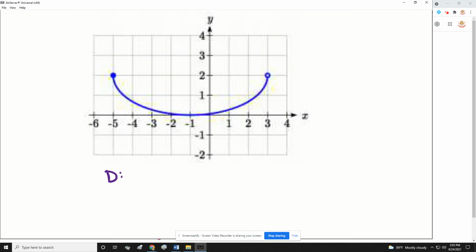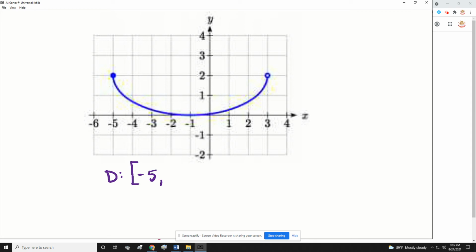And so on the far left of this graph right here, we don't have anything graphed until we get to where x is -5. And I don't know if you can tell very well from the screen, but that is a closed circle. So for interval notation, for a closed circle, we would use a bracket. And the first x value, or the smallest x value where we have something graphed, is -5.